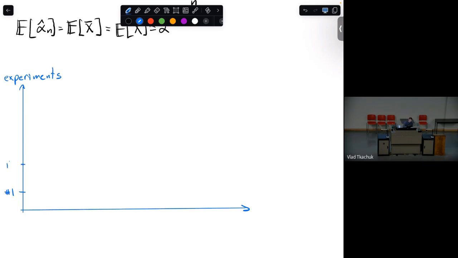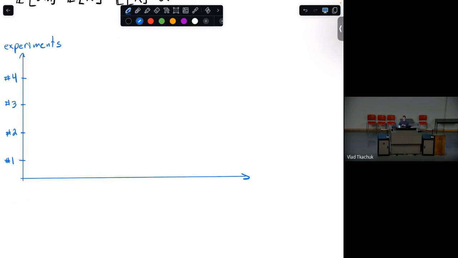Here's another time I flipped the coin 5 times. Here's another time, and here's another time. Then I'm going to draw 0 here, and I'm going to draw 1. These are the possible outcomes of the coin flip.